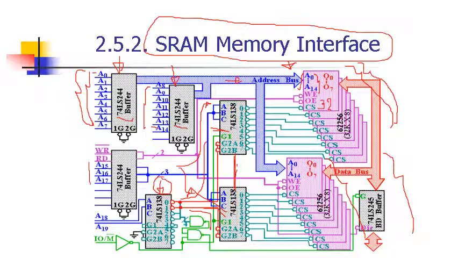So for example, if you need to access the first address in this first page, okay, you provide here 0, 0, 0. They go through here, upward or downward.